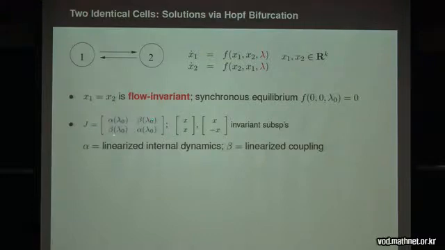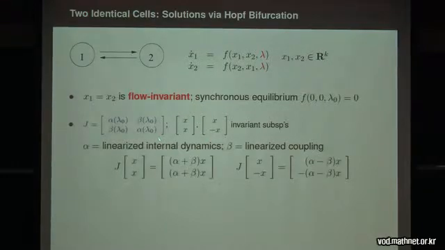This Jacobian has two invariant subspaces, (x, x) and (x, minus x). You can get that just by calculating. J times (x, x) will be (alpha plus beta) x, (alpha plus beta) x. So it's invariant. J of (x, minus x) is (alpha minus beta) x, minus (alpha minus beta) x.